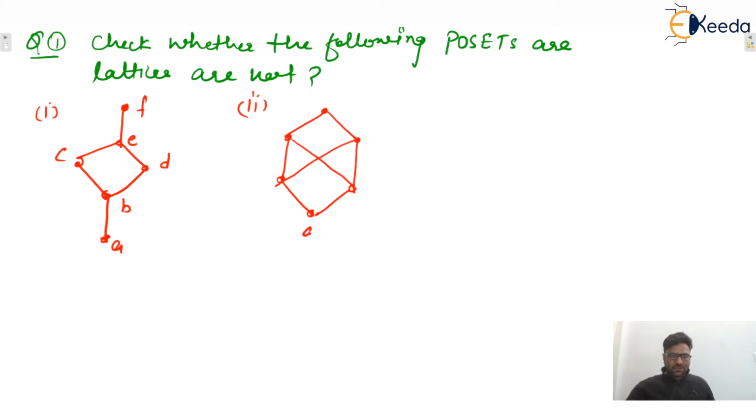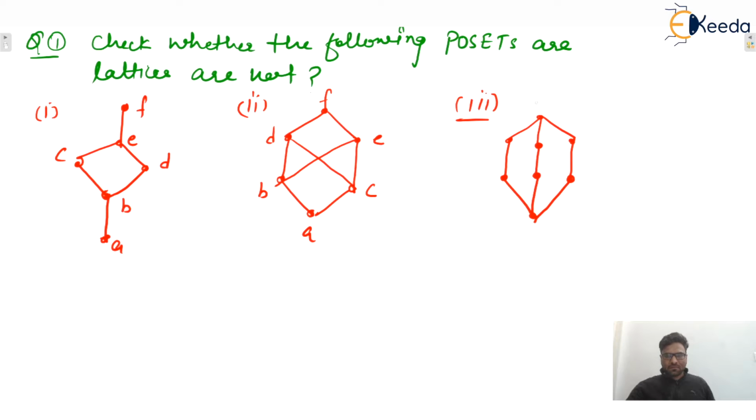That is A, B, C, D, E, F, and third one, let's say that is this one: H, E, F, G, and let's say B, C, D, and A. So here we'll see whether these Hasse diagrams or posets are lattices or not.